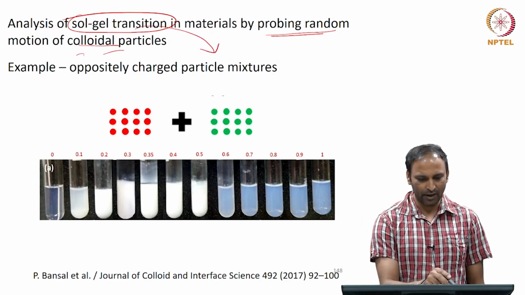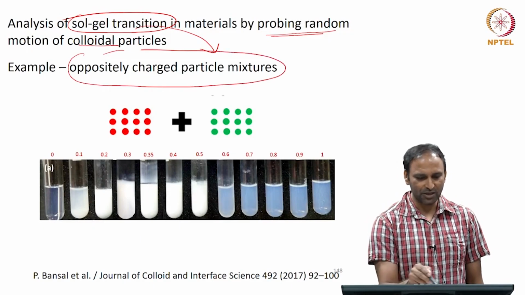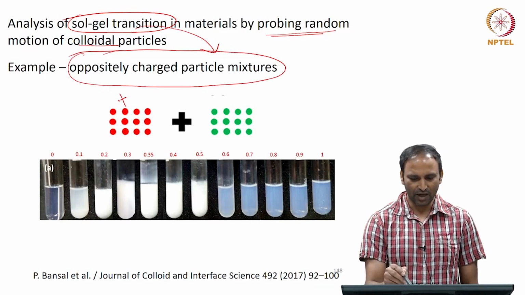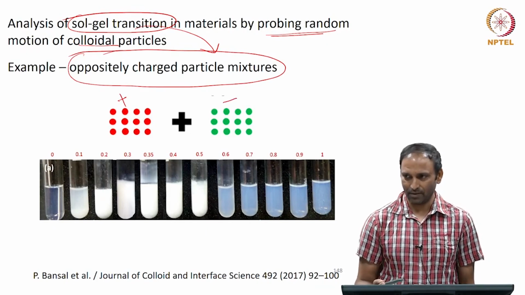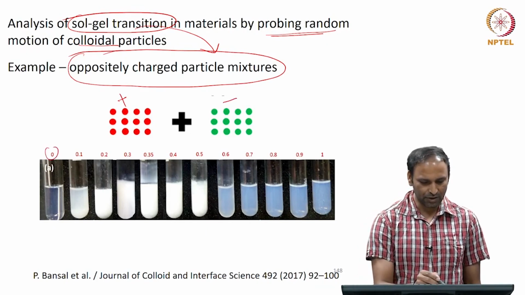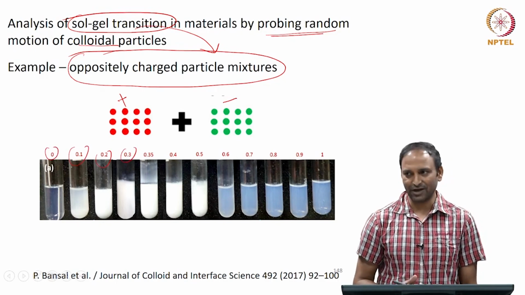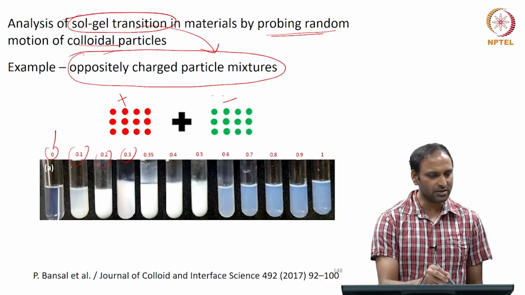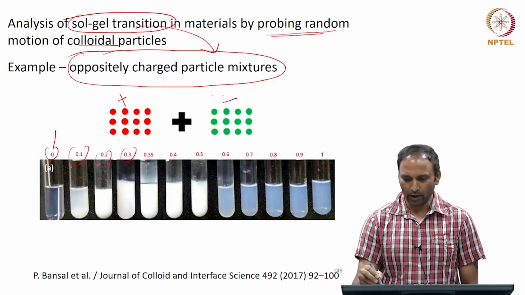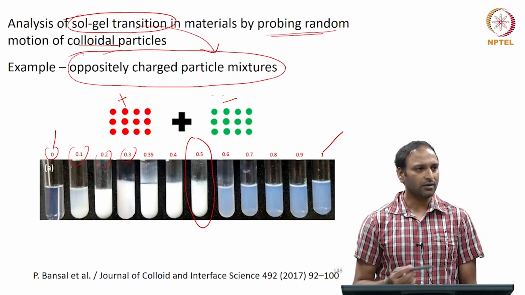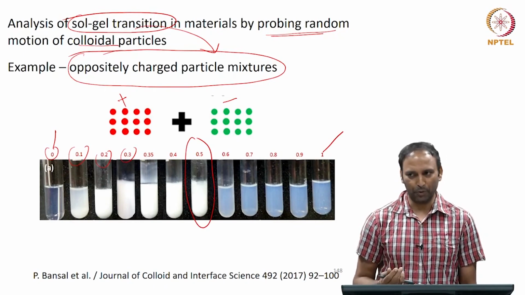This is an example where you have oppositely charged particle mixtures. You could think about this as positively charged and negatively charged particles, and you mix them. This number that you see here tells you the mixing fraction. So, 0 means it is completely one type of particle, 1 means it is completely the other type of particle, and 0.5 means both of them are in equal proportion.